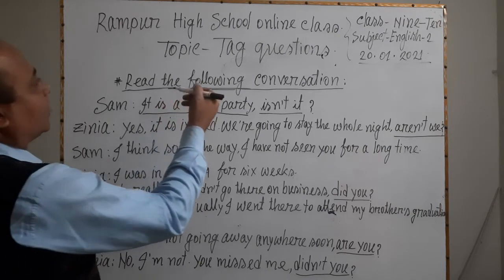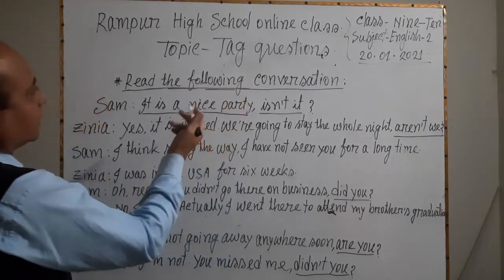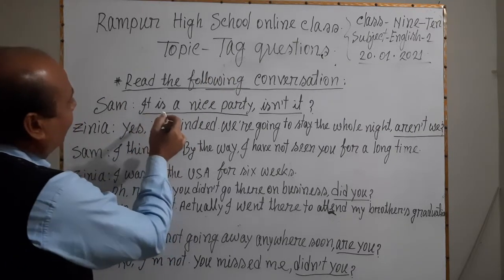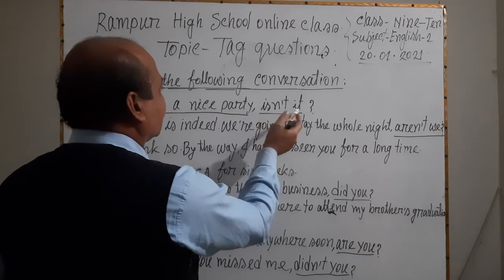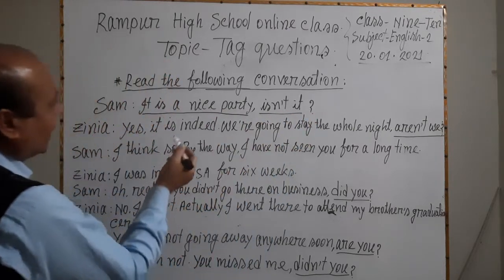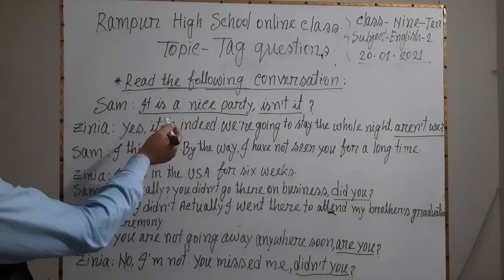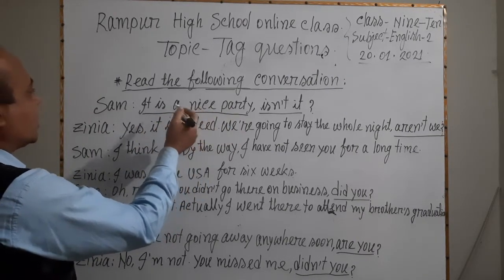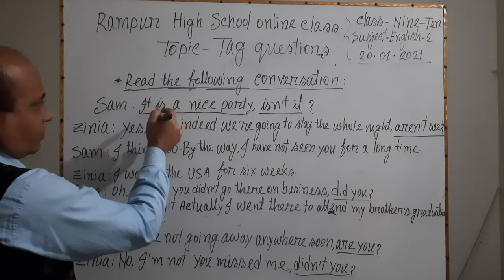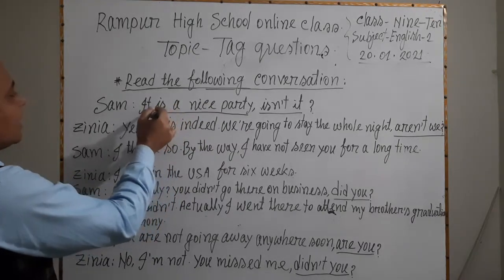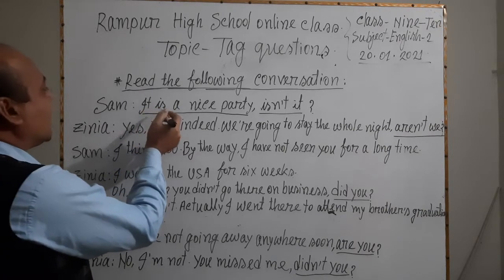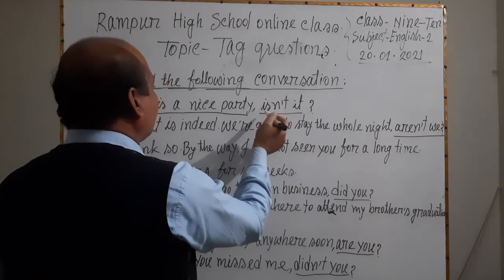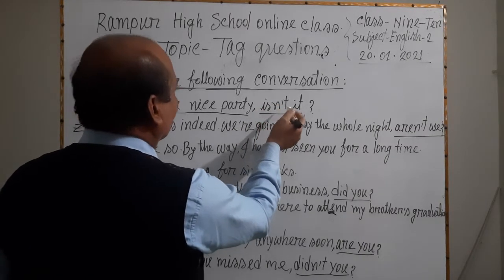In the tag question, 'It is a nice party, isn't it?', here you see it is a statement, a sentence of affirmative sense. When the statement is affirmative, the tag is negative, that means 'is' or 'not'.